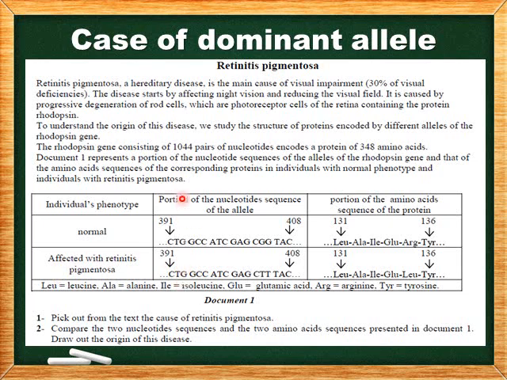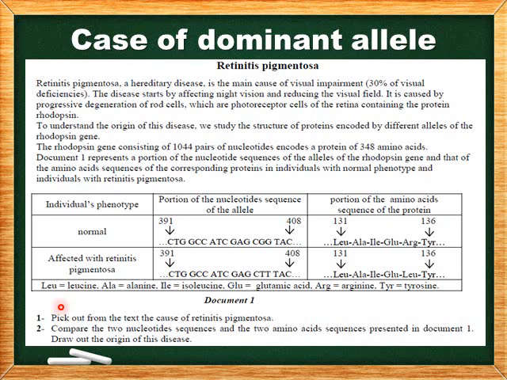For sure, we can't study the 1044 pairs. That's why we take an example from 391 till 408. Here are the codes for certain amino acids. Once you translate it, you find the sequence of amino acids.